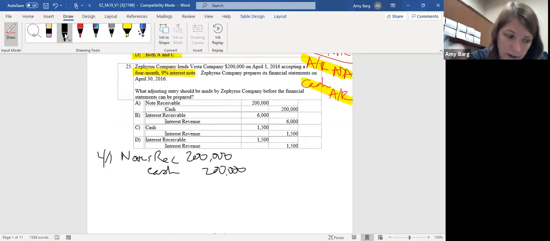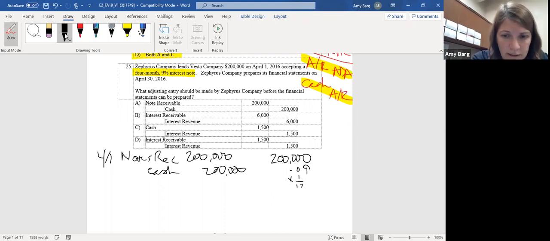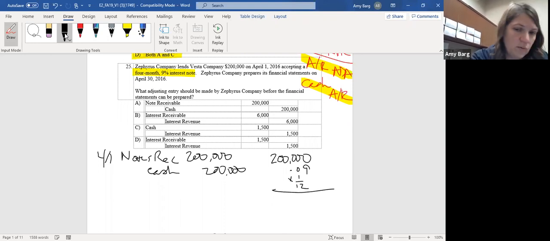So for 1 month, what is the interest? Because that's what it's asking us to do, is accrue the interest. So for a $200,000 loan, at 9% times 1 month, we get $1,500.